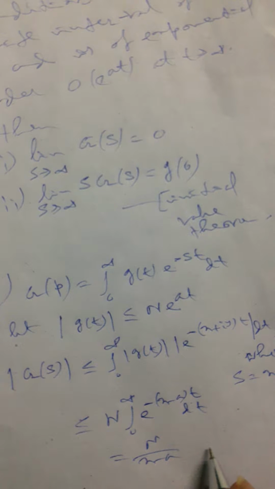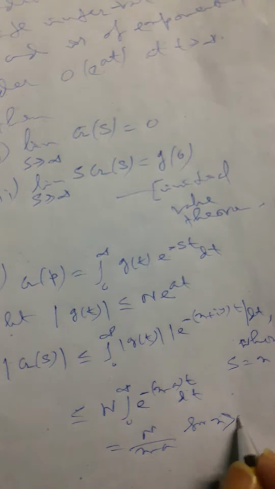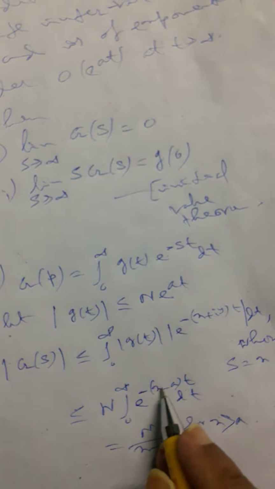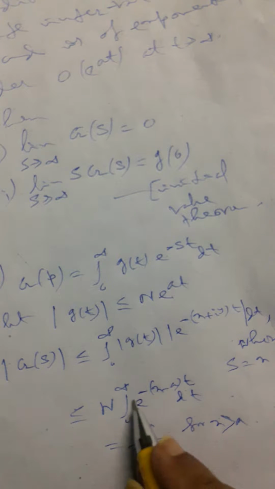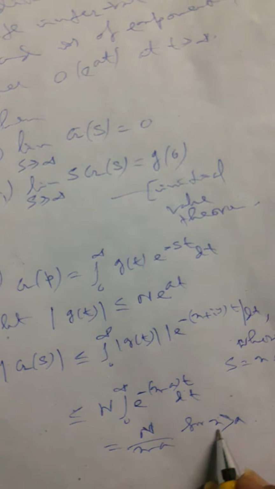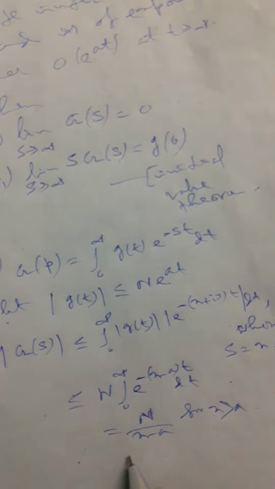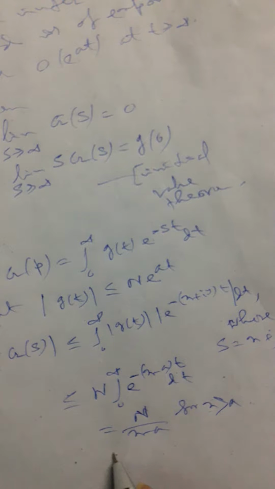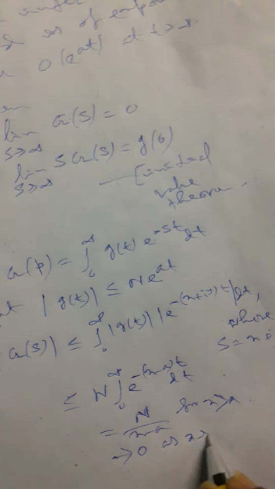The result is valid for x greater than a. Since x is greater than a, this quantity will be positive, and after integration the exponential term, e to the power minus infinity, tends to 0. That is why the condition is x greater than a. And clearly, if we take the real path, then it tends to 0 as x tends to infinity.